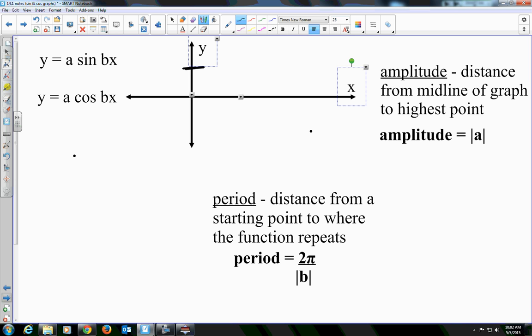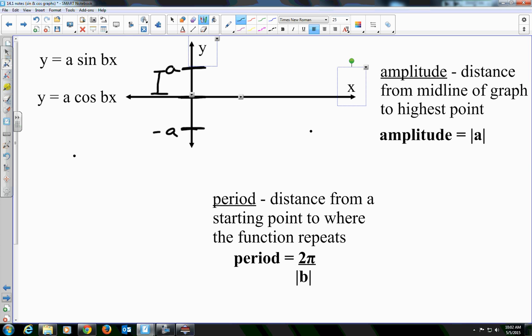For today, the highest point is going to be a, the lowest point is going to be negative a, and that's going to give me the amplitude. So the distance from the x-axis up to the highest point is going to give me the amplitude of the graph.